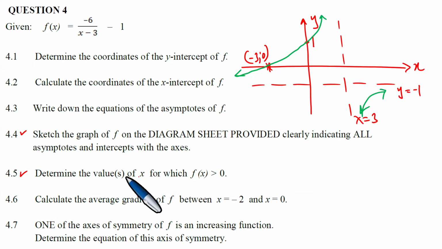Determine the values of x for which f of x is greater than 0. What is the answer, Tando?